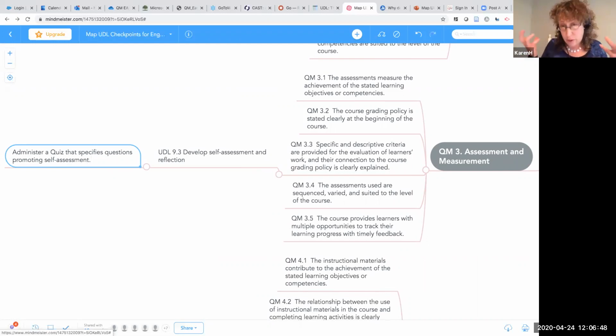So that's an actual way we can take these checkpoints and turn them into design.